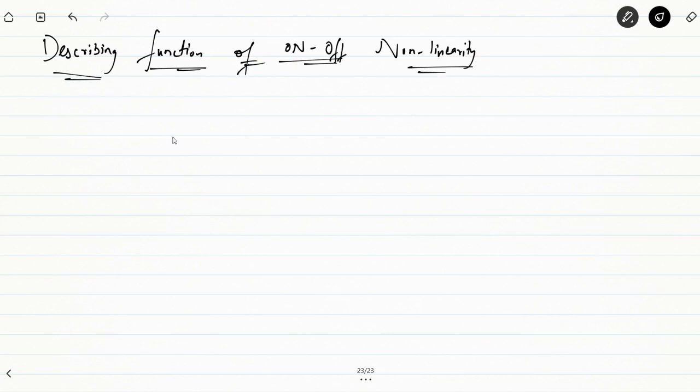If we look at the characteristics of an on-off nonlinear system, your output input characteristics will be varying between minus M to plus M.